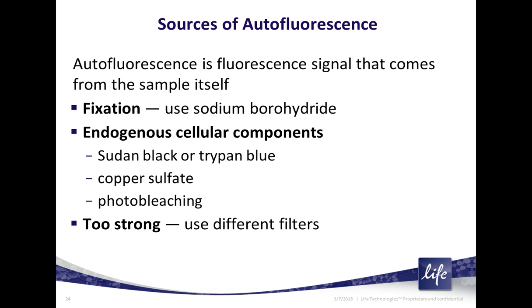Finally, if your dyes are too strong, you can actually get bleed-through from one dye into the other. That's not really autofluorescence. It's what we call bleed-through. And you can reduce your dye concentration. Sometimes your autofluorescence that's endogenous to the sample will be brighter in one channel than another, and so you can just avoid those channels.